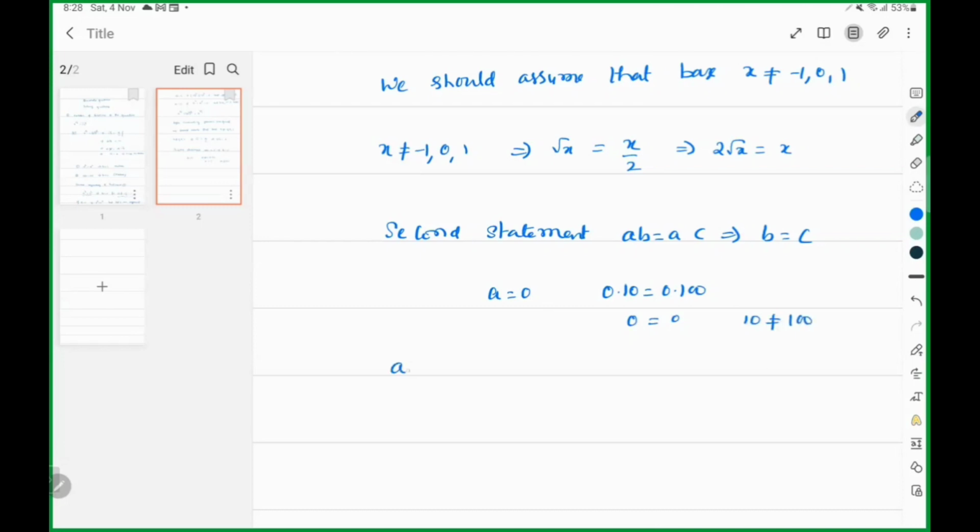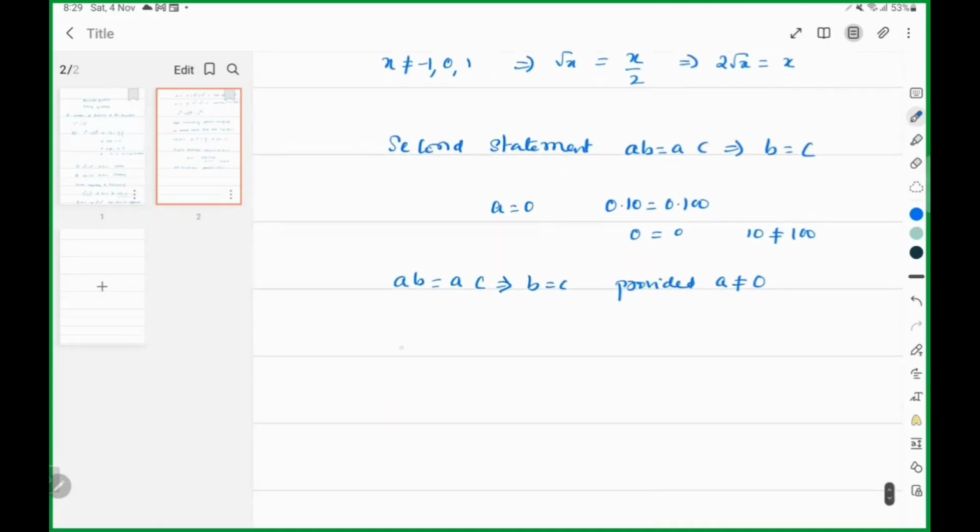So this statement is correct provided A is not equal to 0. That means cancellation is allowed only if A is not equal to 0. Otherwise, if you cancel, we get wrong conclusions like 10 equal to 100.